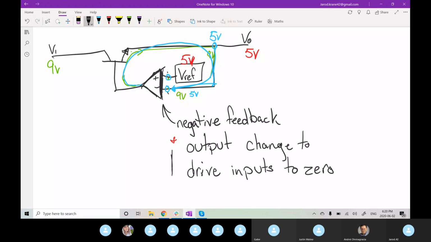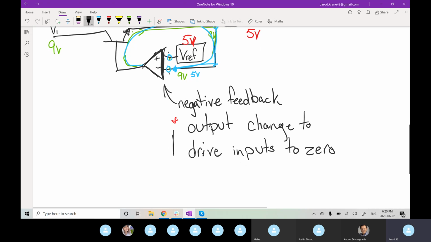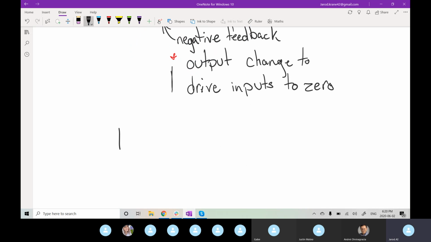But what we can see is that with this setup, the output of the op amp is controlling the base of our NPN.